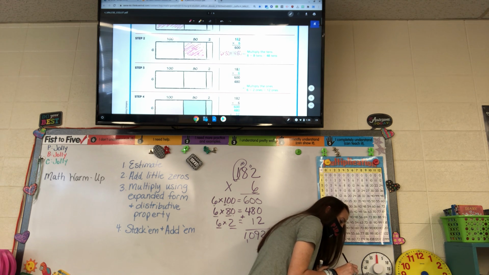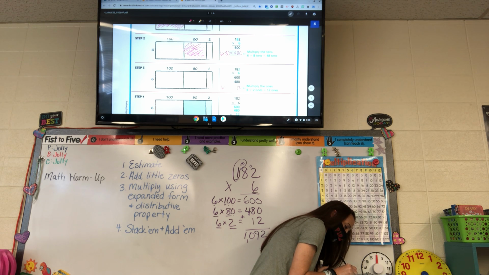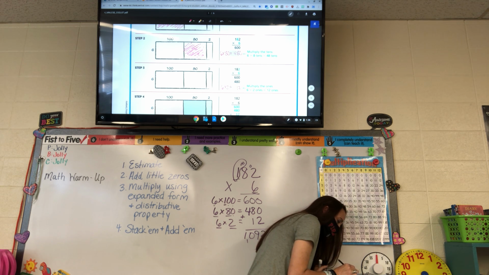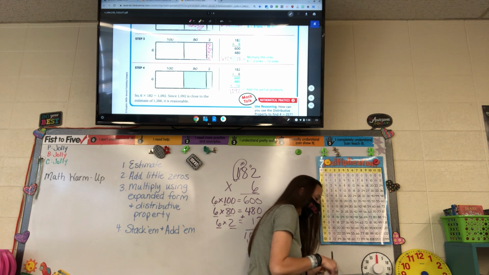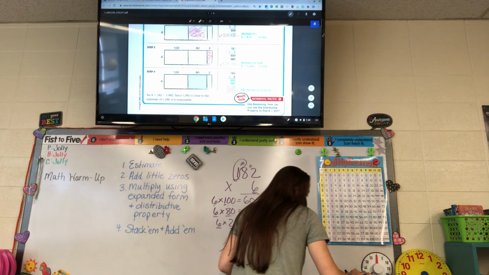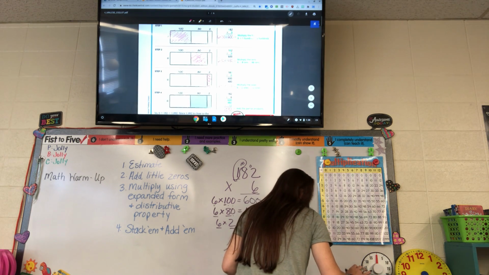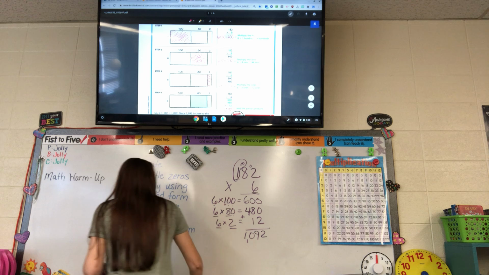And then we did 6 times 2, which is 12, and that was this little box on the end. And then the whole thing was 1,092. Okay, so get that copied down real quick, and we'll go to the next one.